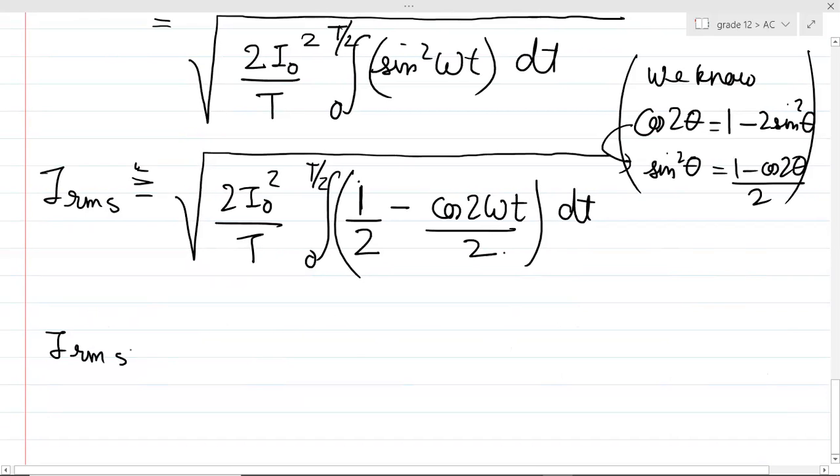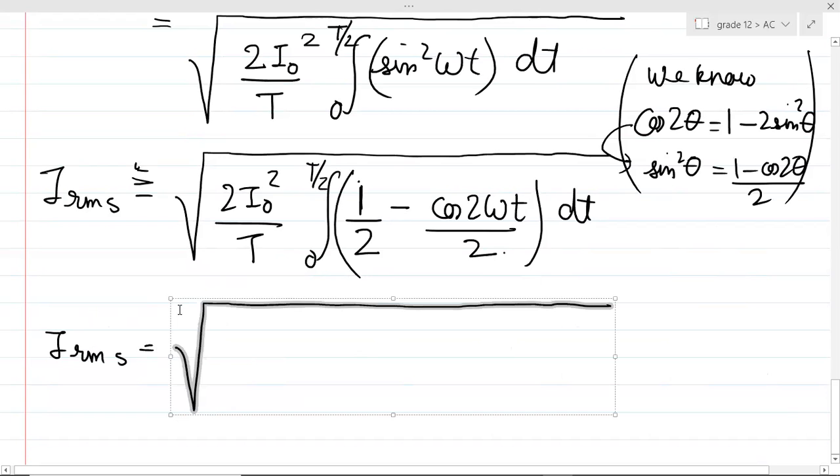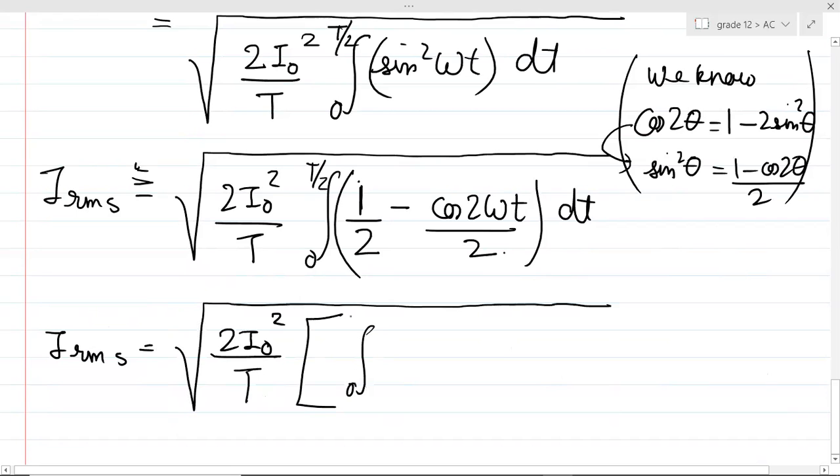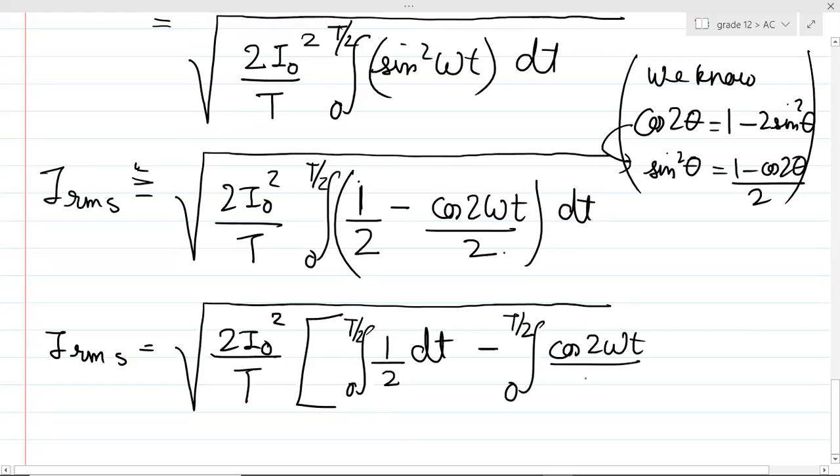So IRMS will be equal to under root of twice of I naught square by t, integration 0 to t by 2 of 1 by 2 dt, minus integral 0 to t by 2 of cos 2 omega t by 2 dt. So basically it becomes like this.